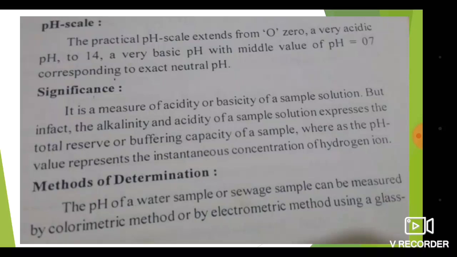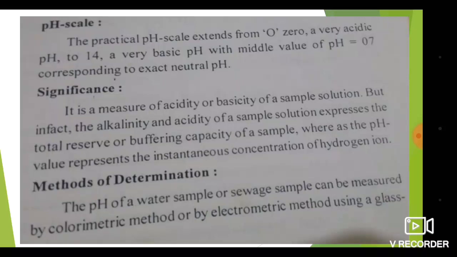But in fact the alkalinity and the acidity of the sample solution are expressed in terms of the total reserve or buffering capacity of the sample, whereas the pH value represents the instantaneous concentration of the hydrogen ion.